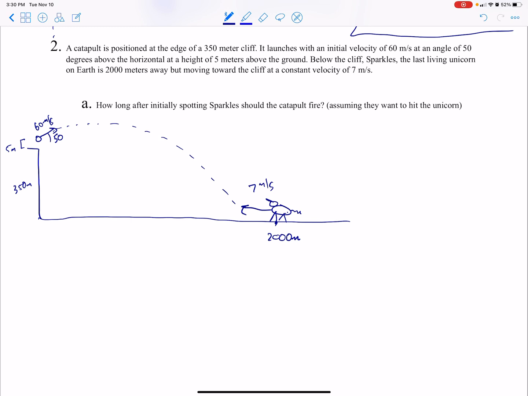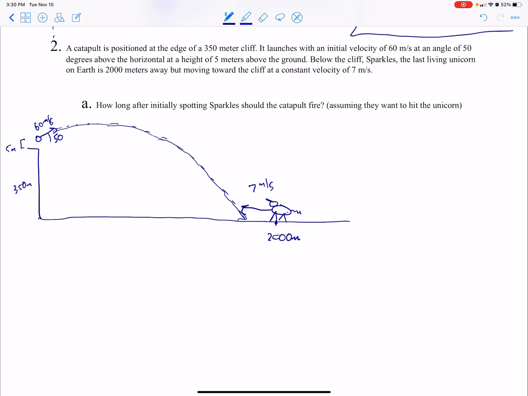So we have to basically wait for the unicorn to get into position, then we pull the trigger, and then we have to remember that this pathway, this catapult shot, the boulder, it doesn't instantly get here. It's going to fly through the air. So we sort of have to lead the unicorn. Any hunter out there knows what I'm talking about. You sort of have to lead the unicorn so that the unicorn and the boulder are in the same place at the same time, because the unicorn is not just going to sit there and wait to be hit.